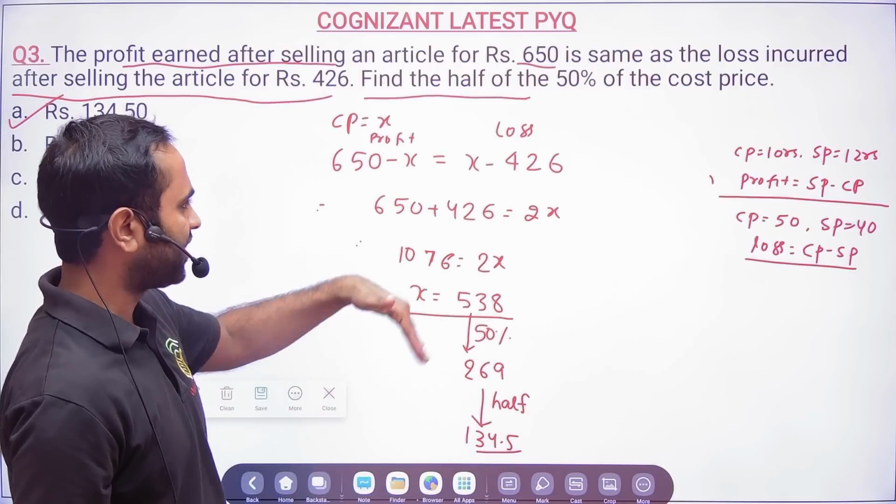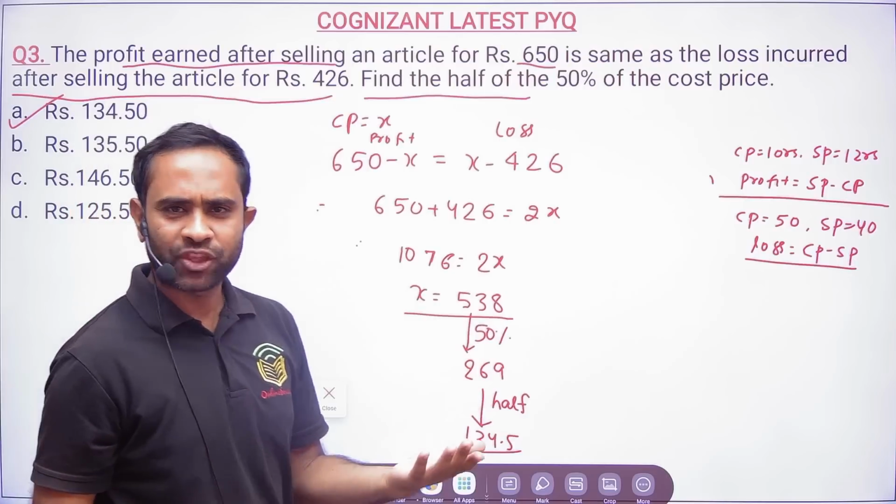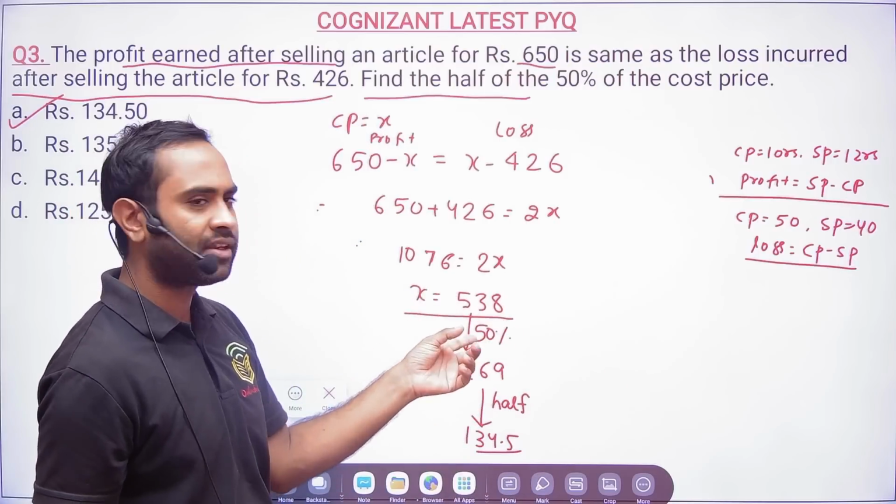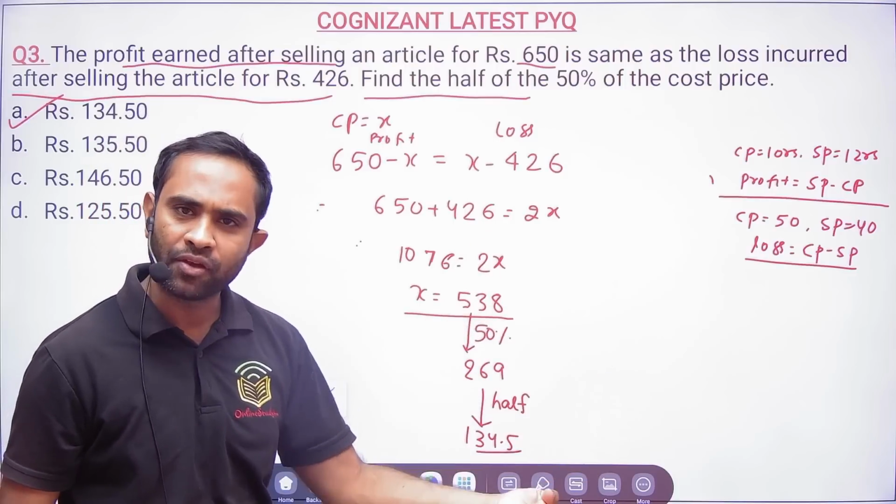Friends, see, once you get some experience, whatever value you got, you could have directly divided it by 4, right?